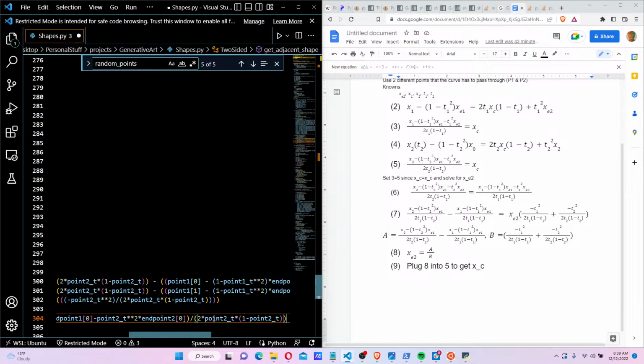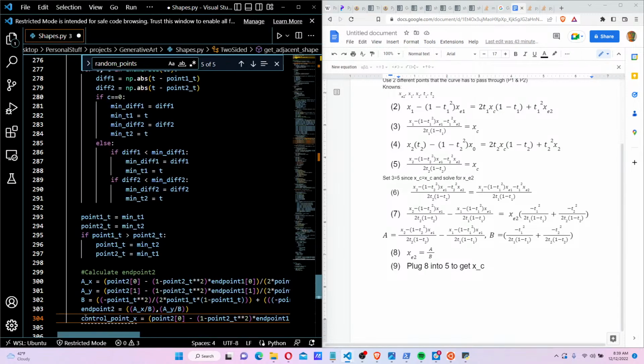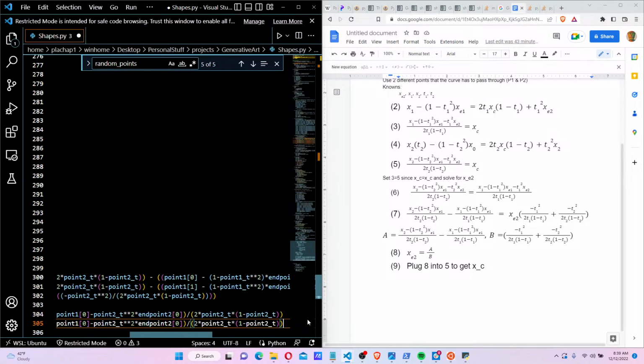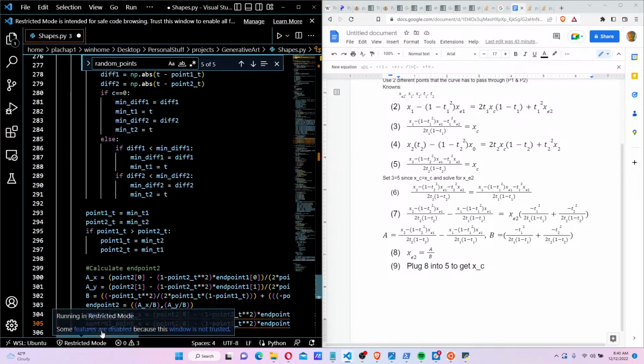Okay, and that's the whole thing. So that's control point x. Now control point y. So these become 1s.